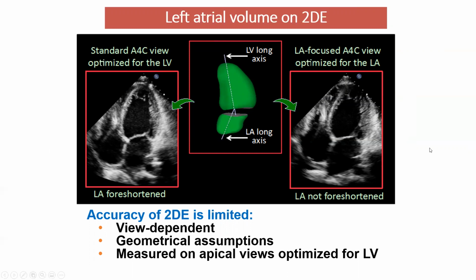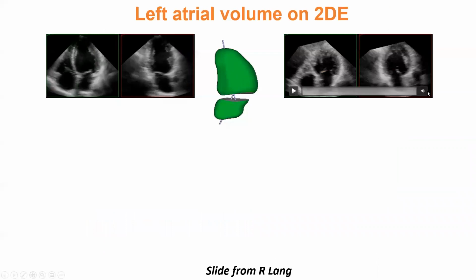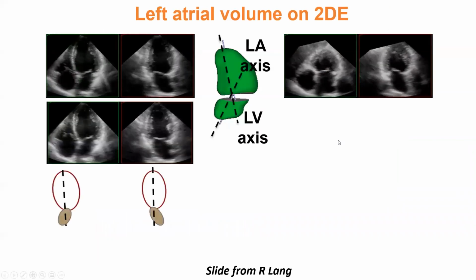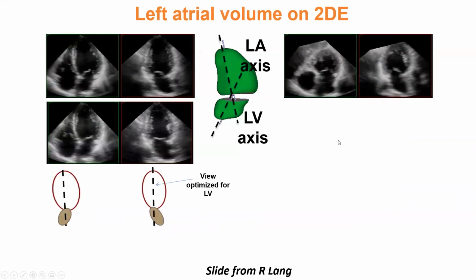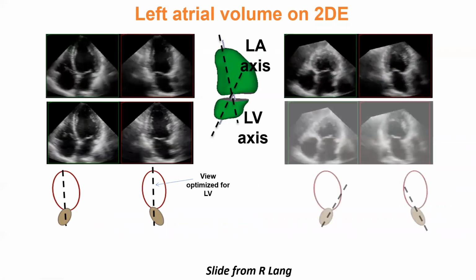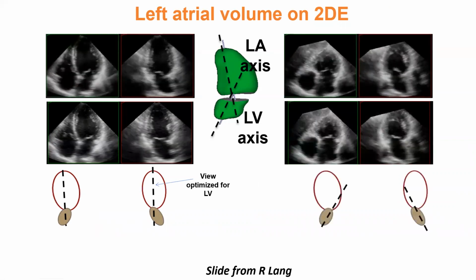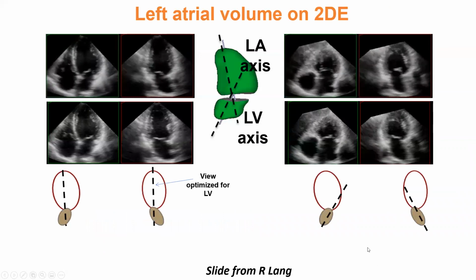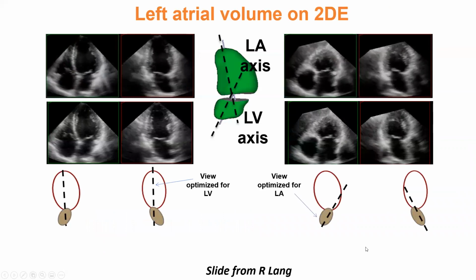Again, I doubt that you will be tested on this. This is relatively new data, but I think is actually quite interesting. And this slide from Dr. Lang illustrates this point. When you optimize for your left ventricle, you may be shortchanging the left atrium. And when you optimize, clearly when you optimize for the left atrium, as is seen here, you are getting a globular foreshortened left ventricular dimension.